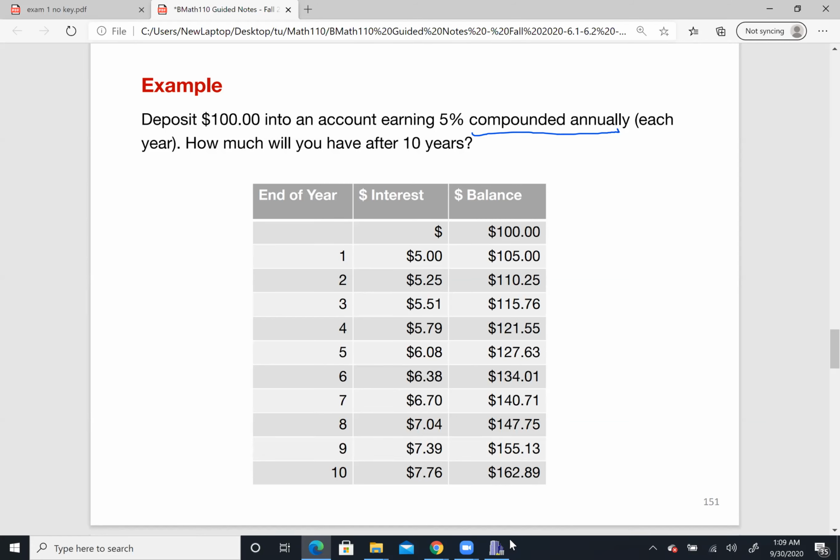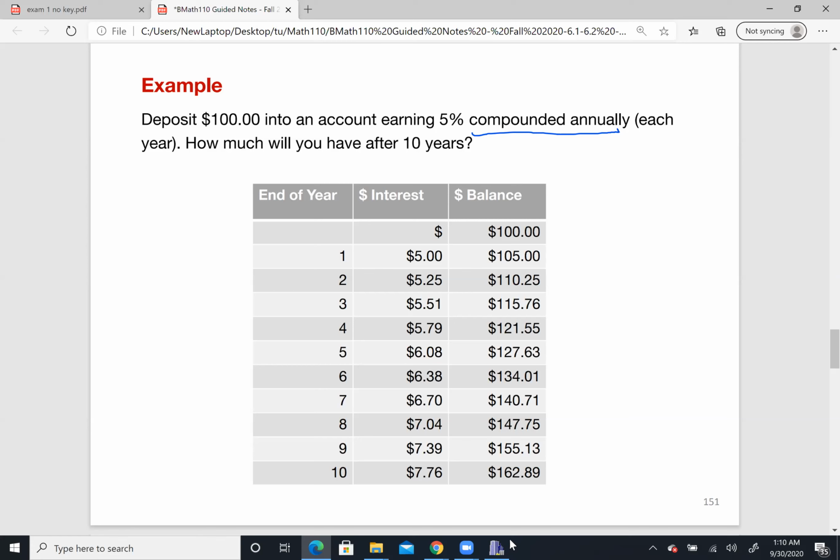Take a look at a table here, usually from the bank. You have a table for each year of the deposit, right? You see the interest at the first year is only $5, because you take 5% of the 100.